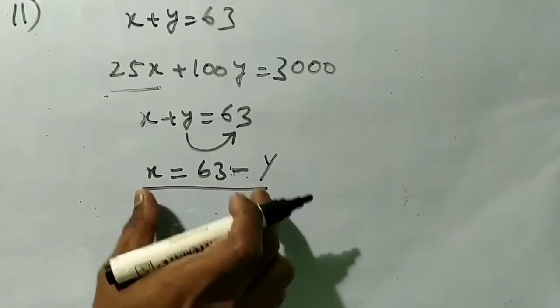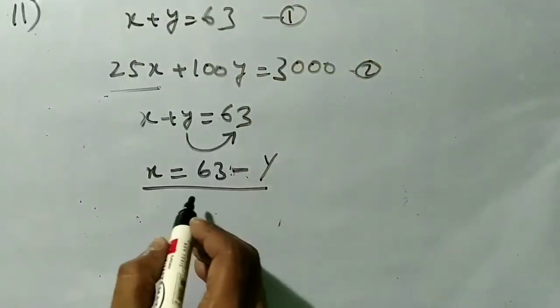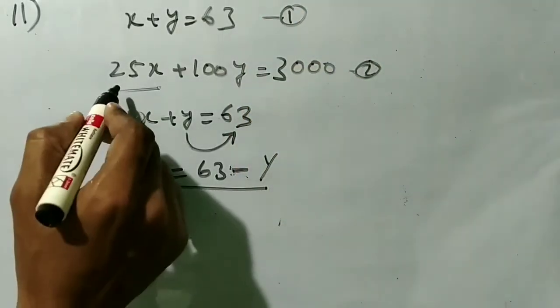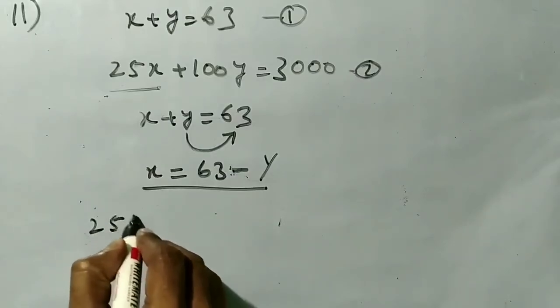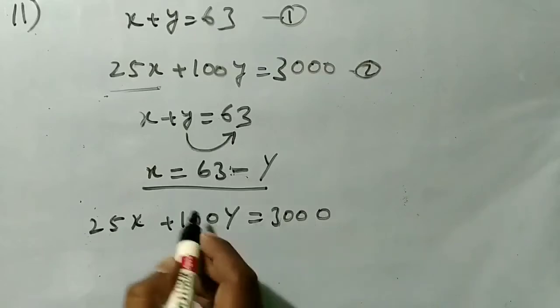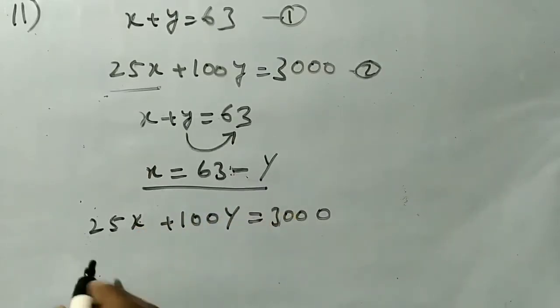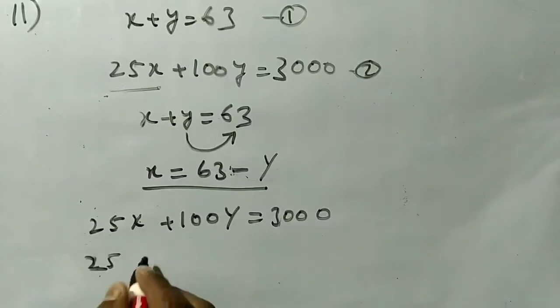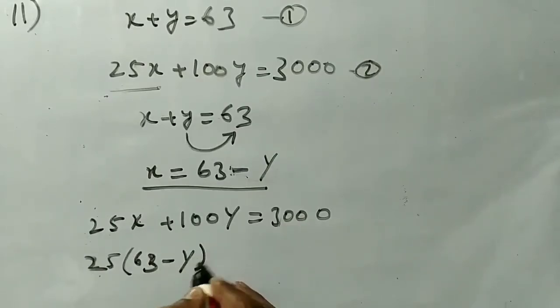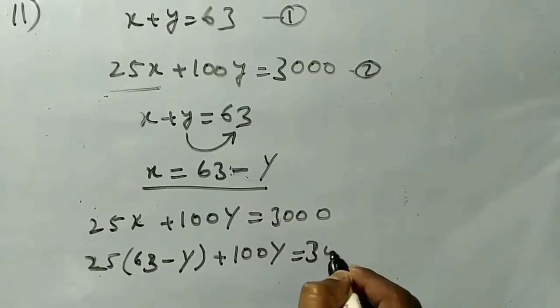Substitute this x value in the second equation. 25x plus 100y is equal to 3000. We already got x is equal to 63 minus y, so here 25 times (63 minus y) plus 100y is equal to 3000.